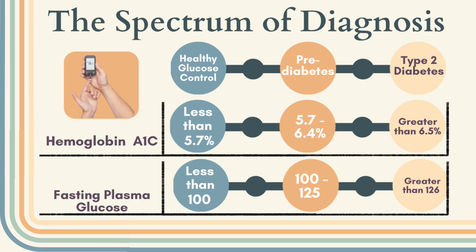One number in time is not all that helpful. It is helpful to have a fasting plasma glucose when we're really concerned about daily levels of glucose monitoring for our diabetic patients. Since an A1C is a 3-month span of time, let's say you have started a new medication or you've started some really substantial dietary and lifestyle changes. Those aren't going to be reflected in an A1C for 3 months, so you really can't see how much of a difference that's making.